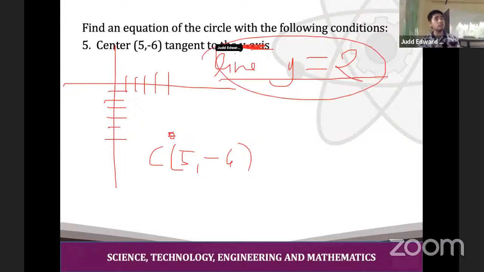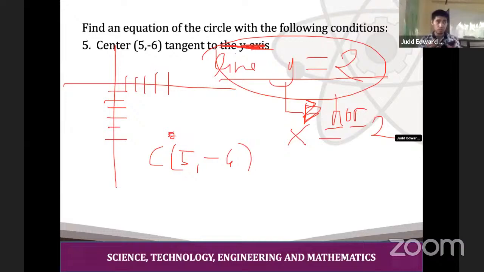Okay, huwag kayong malilito pag sinabi na tangent to the line y = 2. If you have an equation of the line y, therefore, the graph of the line is horizontal. But if you have an equation of the line x =, sabihin natin, x = -2, therefore, the line is vertical.